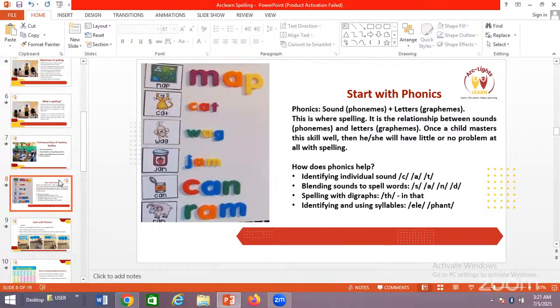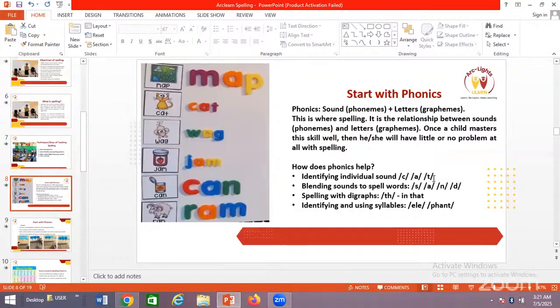How does this phonics work? Identifying individual sounds. Now I will say k, t. By the time I'm identifying each sound, you can get the child to then blend and spell it. K, t. Assuming that they already know their sounds.